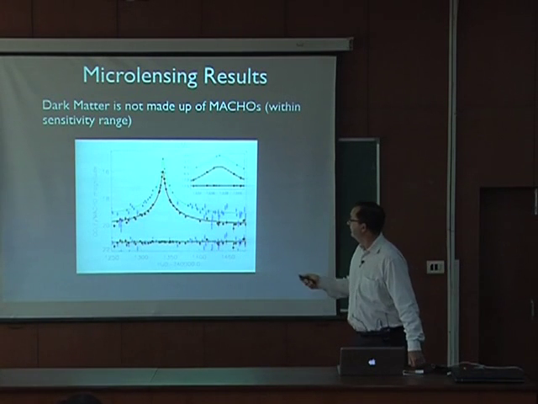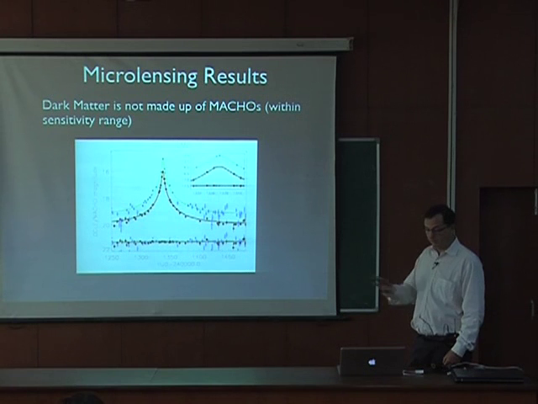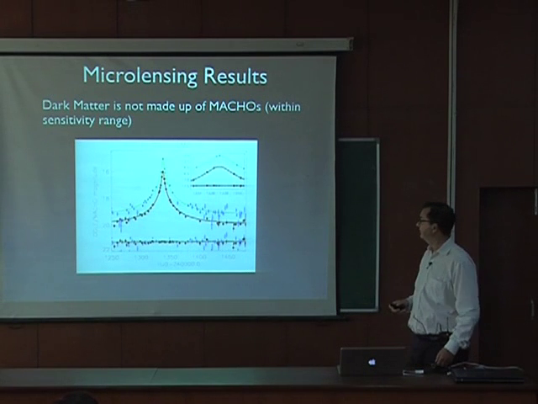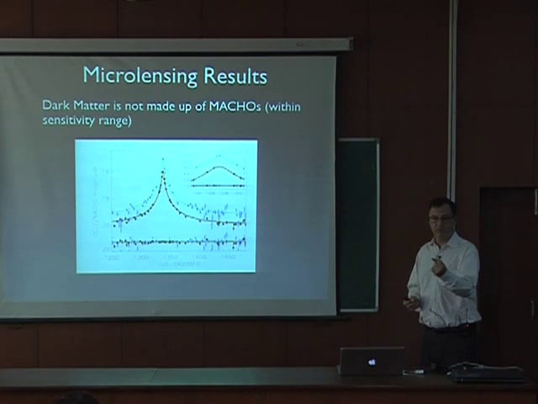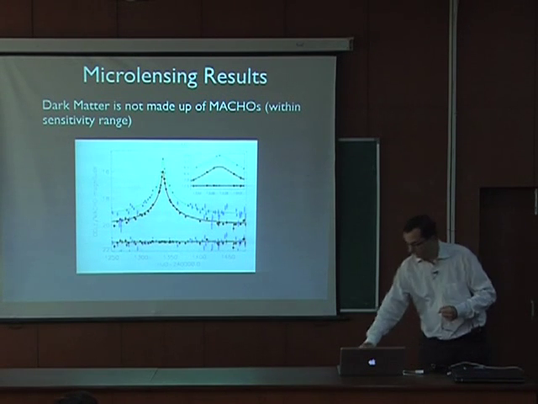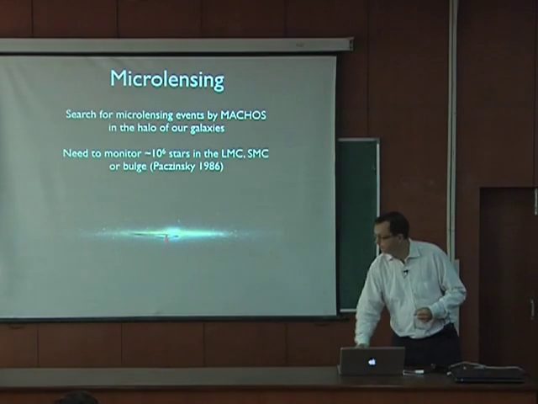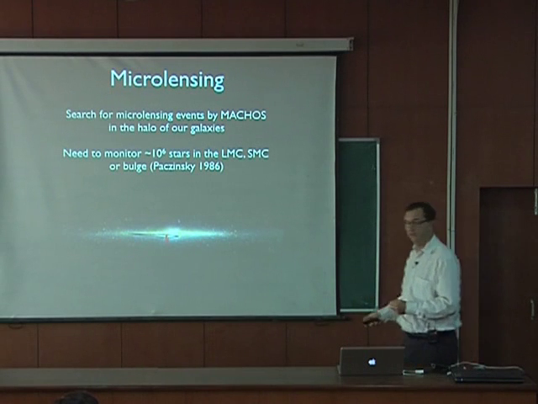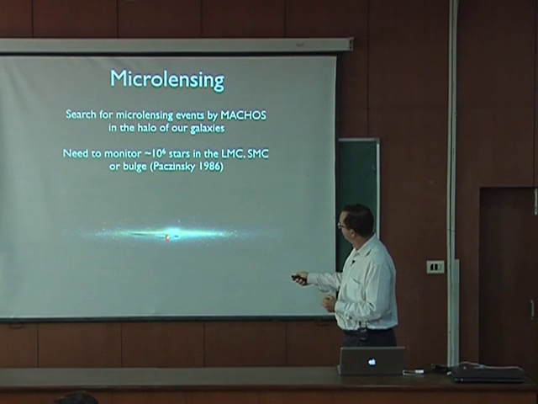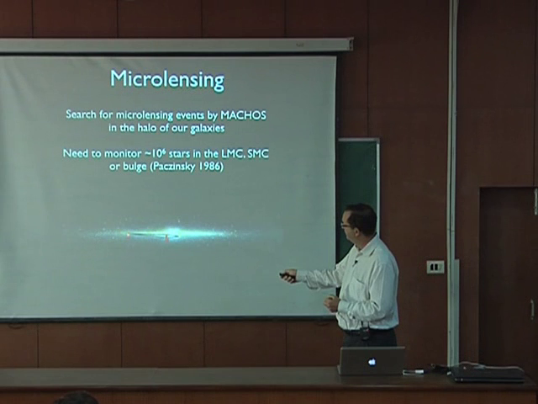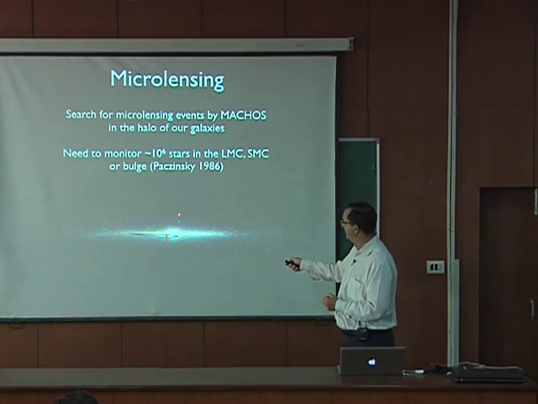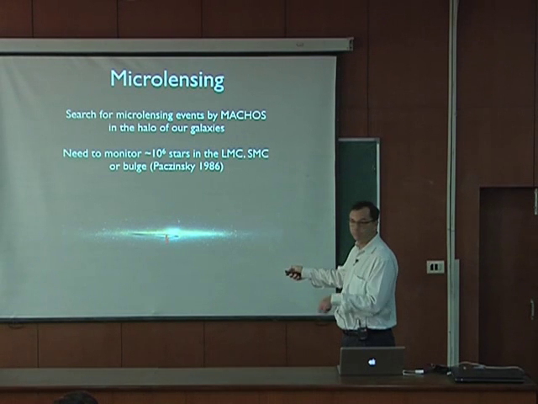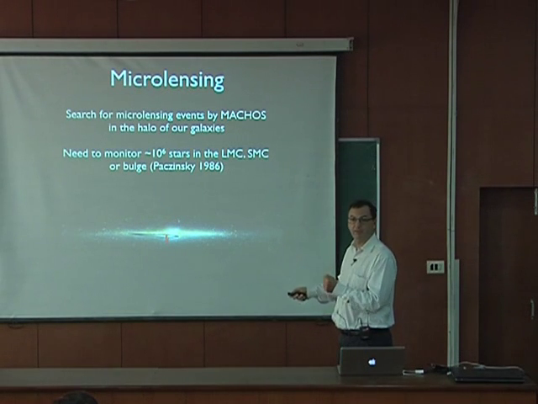Now, amazingly, one can push this measurement a bit further. Now we're going beyond cosmology, but it's so interesting I wanted to mention it. So let's go back to a situation that you can barely see. We are observing a background star that we're monitoring, and then there's another star that moves close to the line of sight, producing a microlensing event.